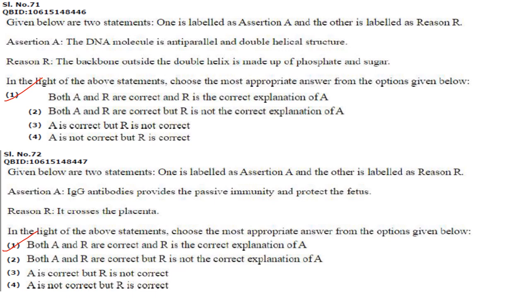So both A and R are correct, and R is the correct explanation of A. Then next one. IgG antibodies provide the passive immunity and protect the fetus. It crosses the placenta. Because it crosses placenta, it provides passive immunity and protection to the fetus. So both A and R are correct, and R is the correct explanation of A.